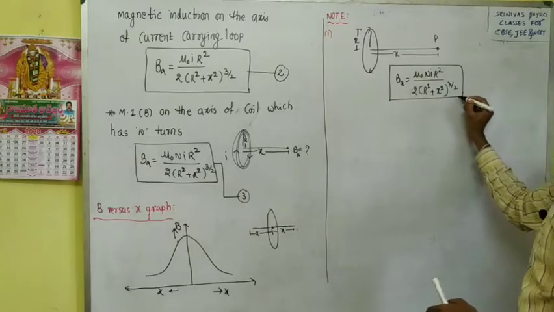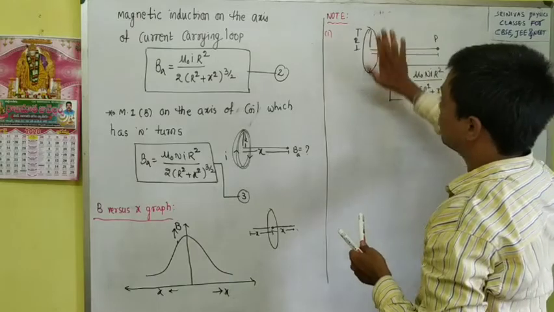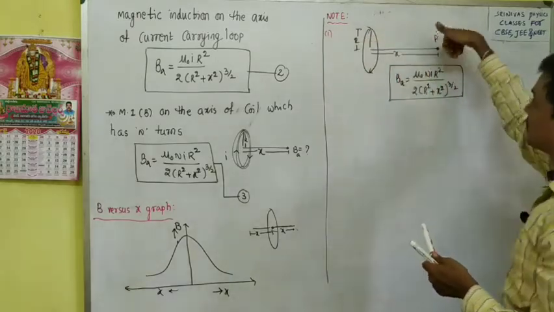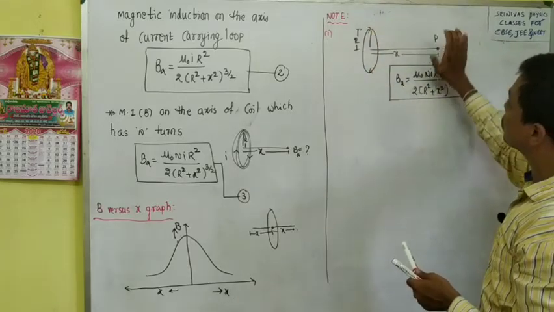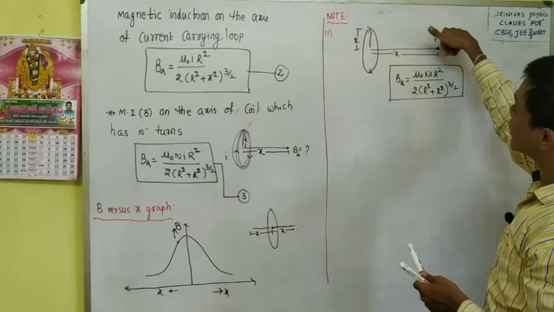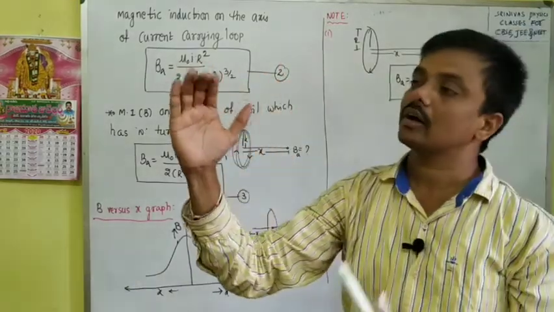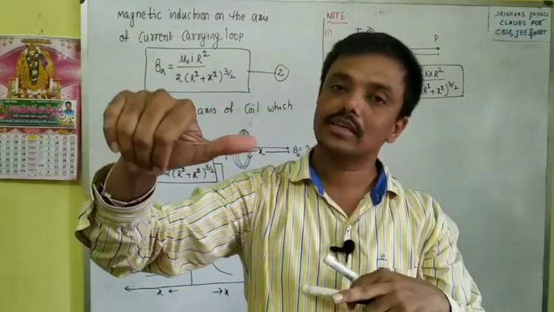Its direction is, if the current is clockwise, like this, then the magnetic induction is at this point. Look at here, the current is clockwise like this. Curved fingers indicate the current and the thumb indicates the field. For example, if the current is like this in the current carrying loop, then the field is on the left side.